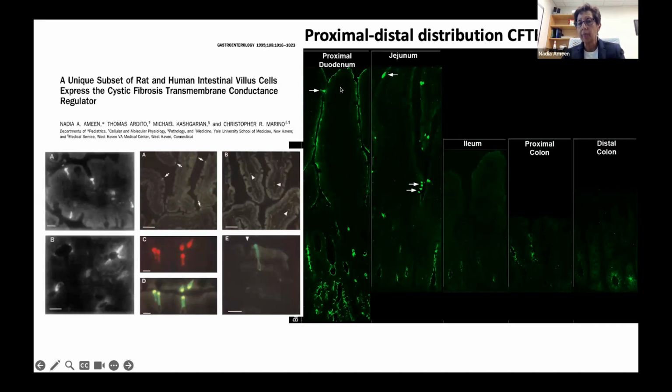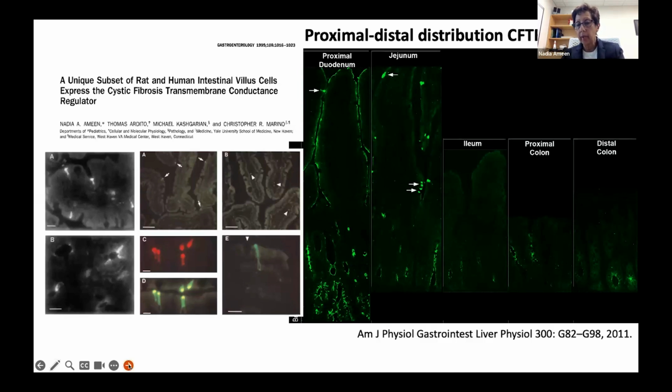These cells are present in the duodenum, they're also in the jejunum, you can see several of them here, and in the rest of the intestine you can see CFTR decorating the apical domain of the crypts. These cells are absent in the ileum, and the proximal and distal colon, where you can see CFTR only in the crypts.